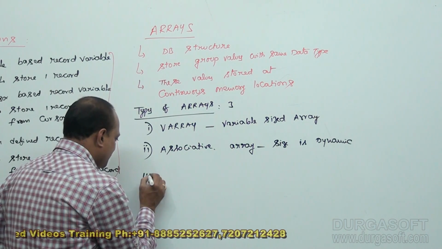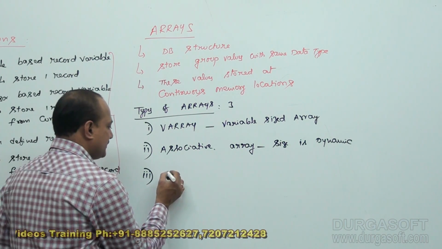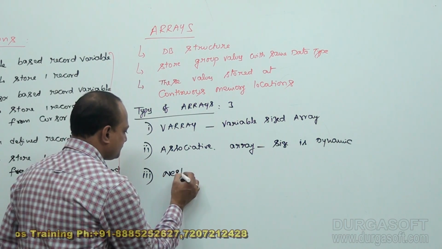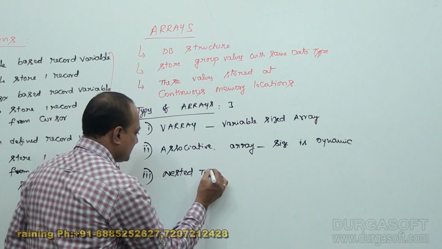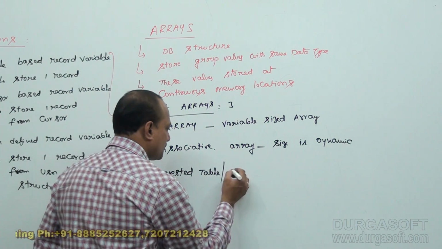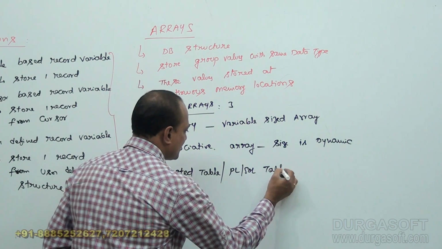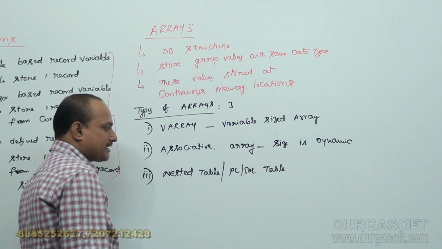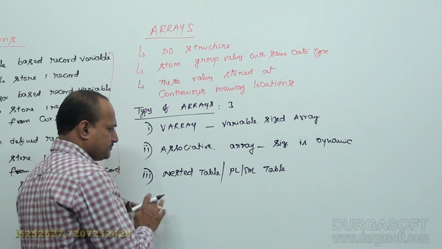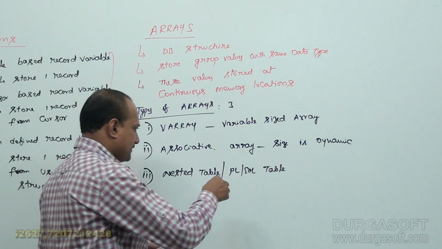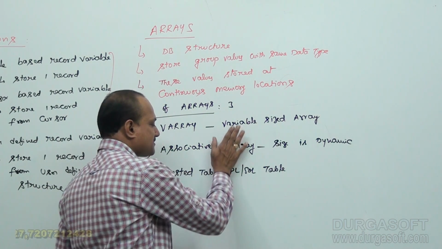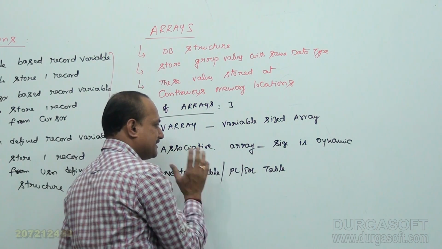And third type of array is nested table. Nested table. This is also called as PL/SQL table. What is a nested table? See, first let me explain these things, then you will understand about nested table.